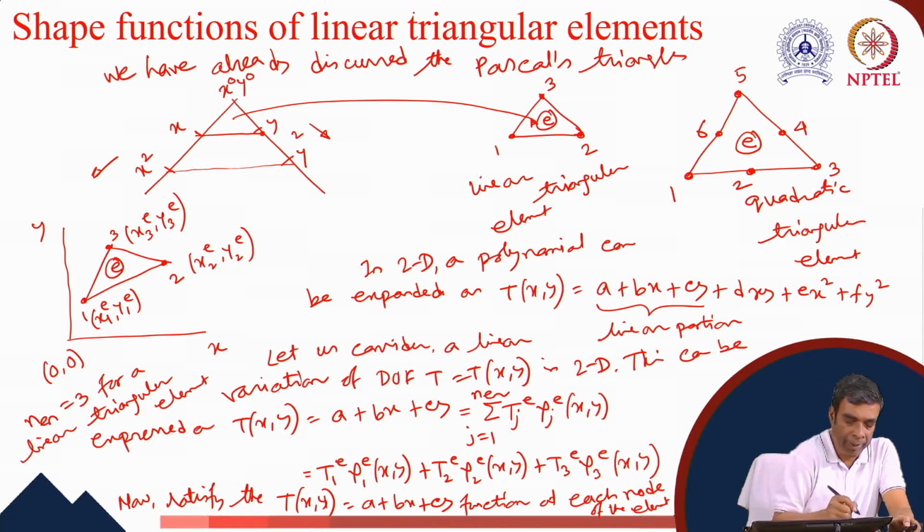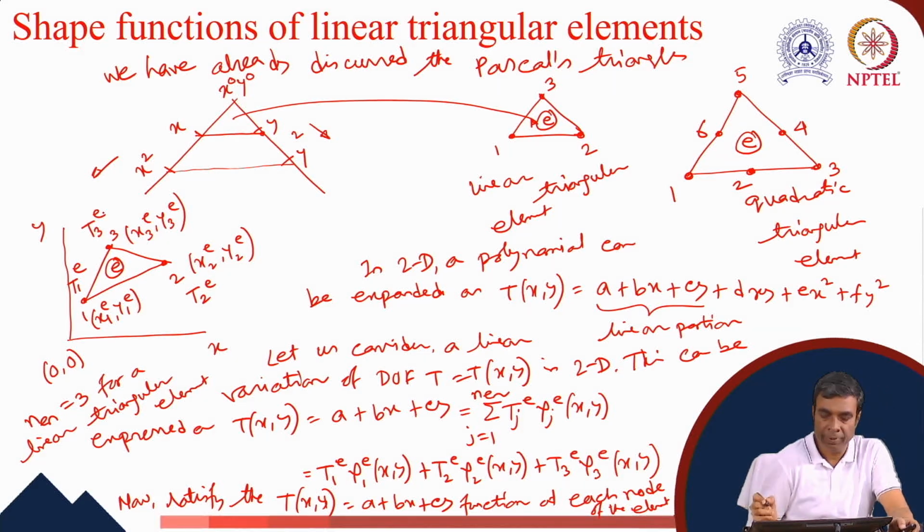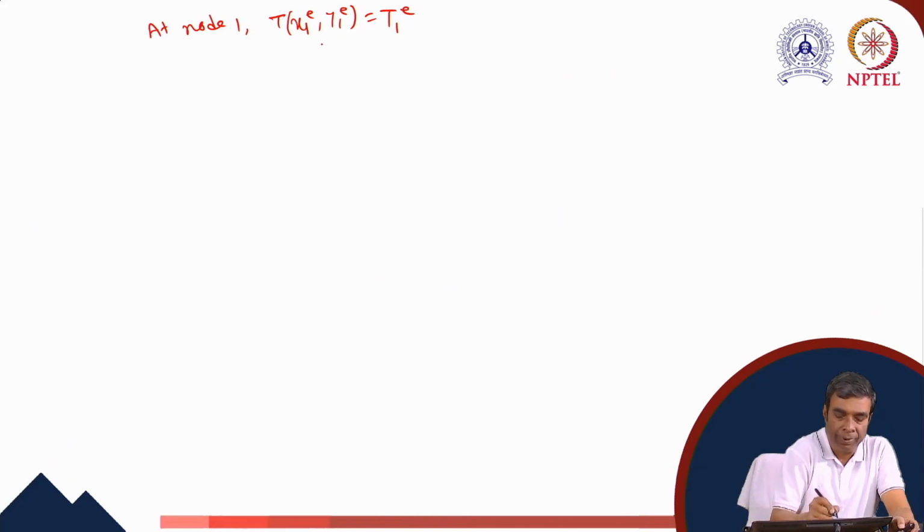So let us define temperatures at these nodes as T1e, T2e and here as T3e. So T at (x1e, y1e) equals T1e equals A plus B x1e plus C y1e.